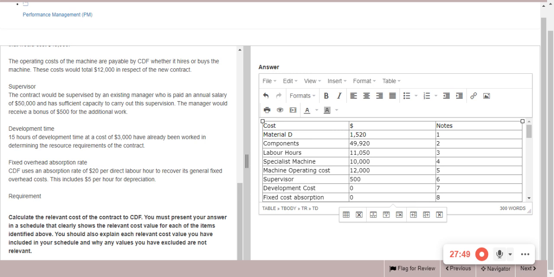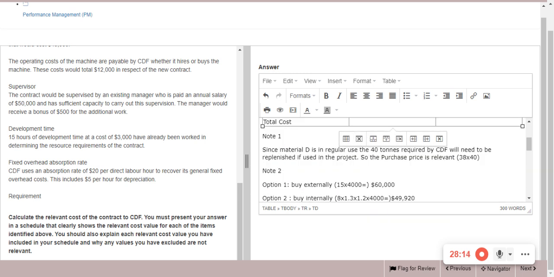This is 1,520 plus 49,920 plus 11,050 plus 10,000 plus 12,000 plus 500. So the total is basically, if I'm not wrong somewhere, 84,909.